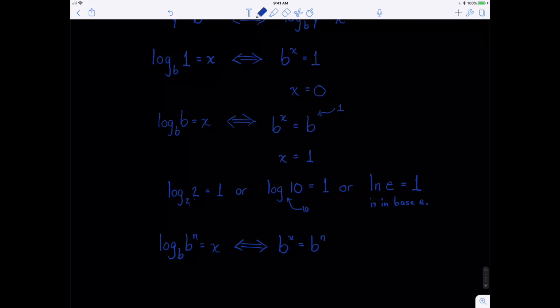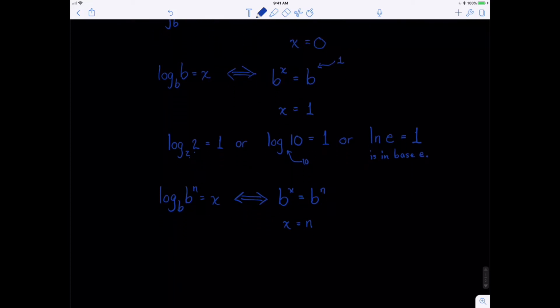In other words, x equals n. So what does that mean? If I have the log in base 5 of 5 cubed, then the answer is just the exponent, 3. That's what it's telling us.